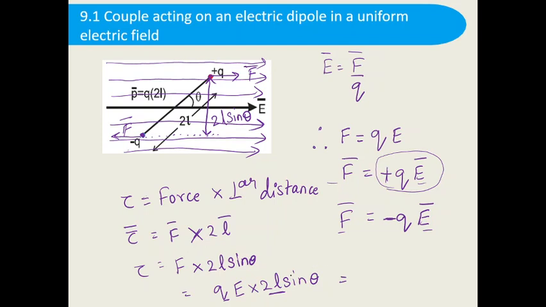We have already understood that this is called the electric dipole moment. Electric dipole moment is called p. So this is pE sin theta. So tau is equal to pE sin theta. Or if you want to write it in vector format, tau bar is equal to p bar cross E bar.